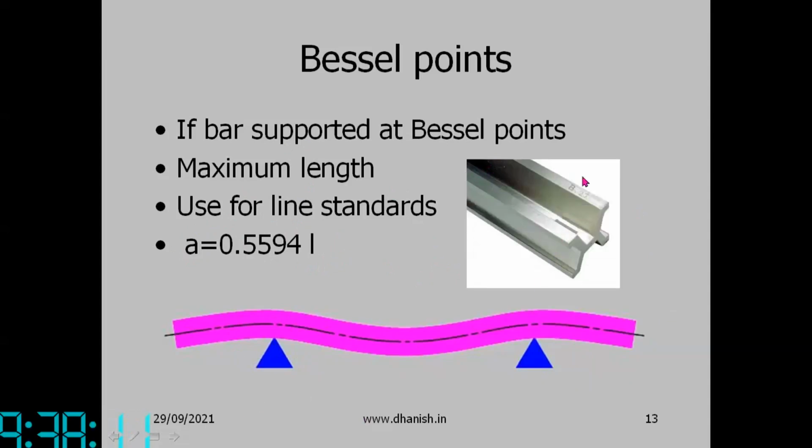So this is the meter bar, a standard length bar. There is a line engraved on this surface and another line at the other end. The distance between the 2 lines is defined as the meter, or any known dimension may be defined like this.